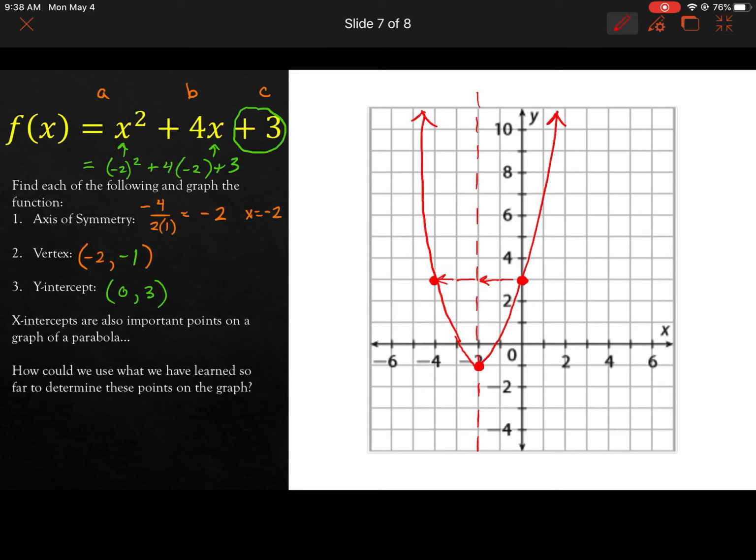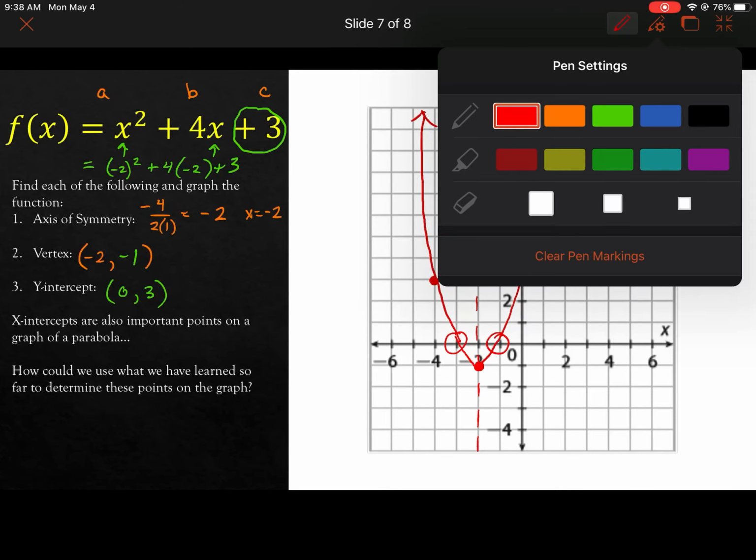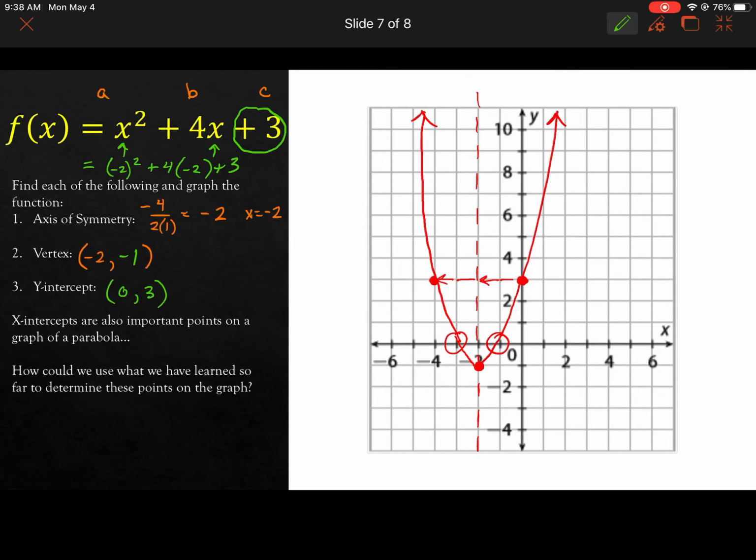All right, our x-intercepts are here. We actually don't know where they are because we didn't solve for them, and we'll get to that later, okay? But could we use anything that we've learned in the past to find those points? That's the question I pose to you. The other thing I want to ask you is, is this vertex a minimum or a maximum?